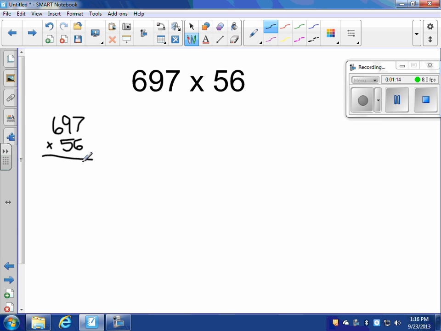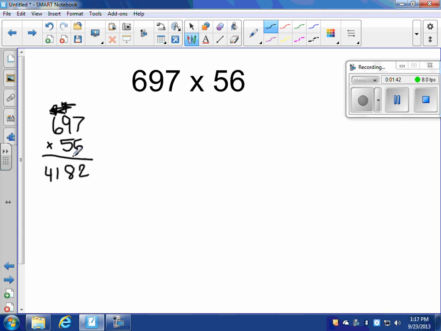So 6 times 7 is 42. 6 times 9 is 54, plus 4 gives us 58. 6 times 6 is 36, plus 5 gives us 41. And then I'm going to cross these guys out so I don't get confused.